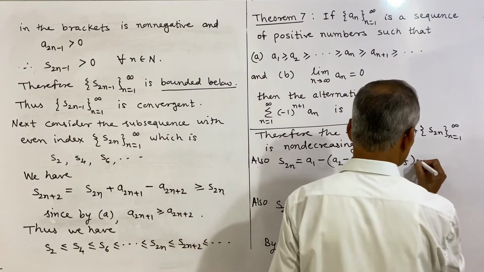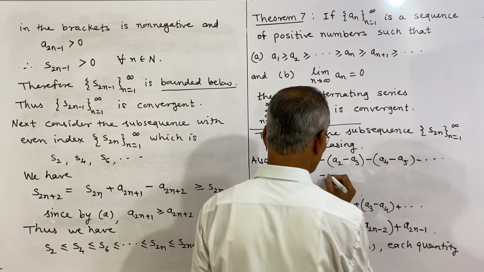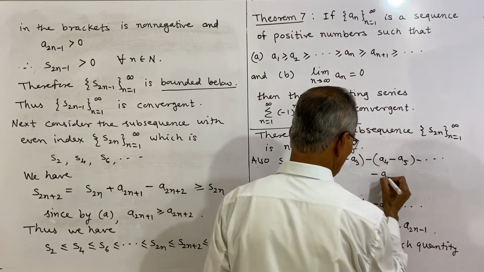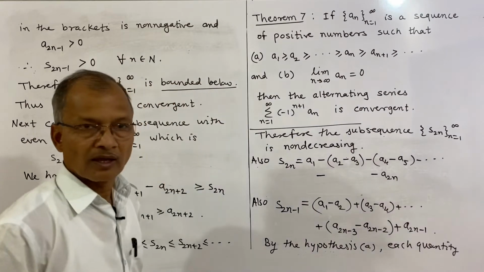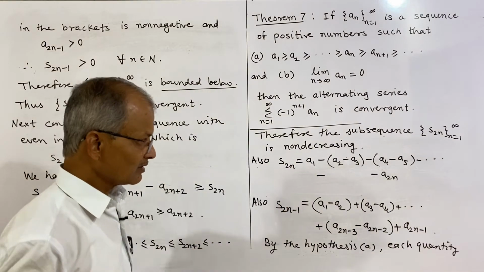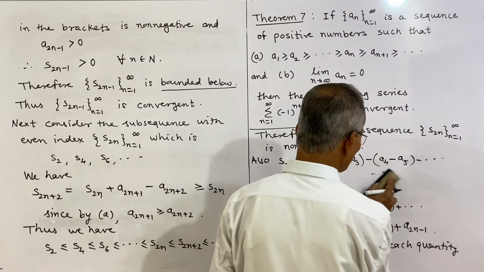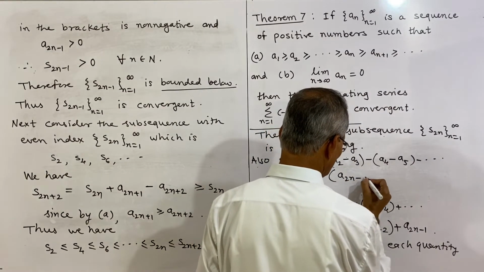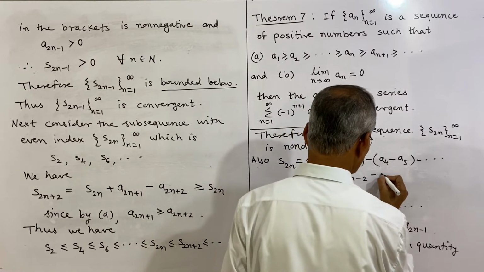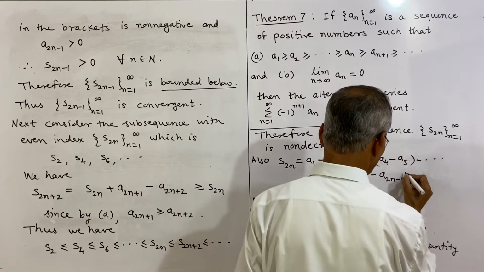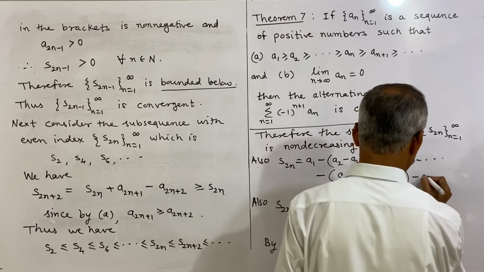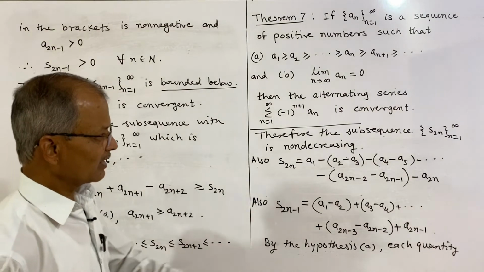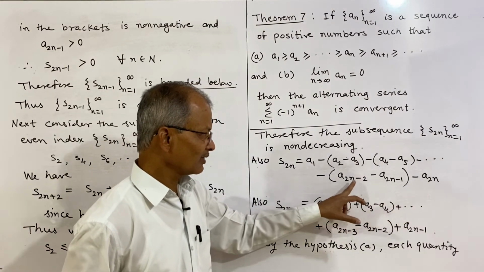And this is continued, and the last term is a2n, an even term, and that is negative, and earlier to that term we should write a2n minus 2, and next is a2n minus 1, and next is a2n. So for the last terms we have written 2n, 2n minus 1, 2n minus 2.